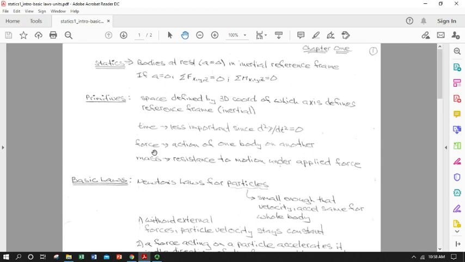Speaking of which, mass, even though we won't be dealing with F equals ma, because a will be 0 throughout this course, sometimes you will be given a gravitational acceleration and a mass of a body, or a distributed mass. So a body where mass is not uniformly, or density is not uniform. And so you might have to look at the force of gravity on a given body as a function of position based on its mass distribution.